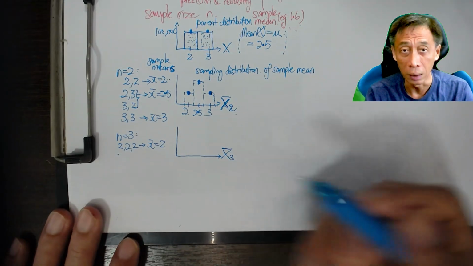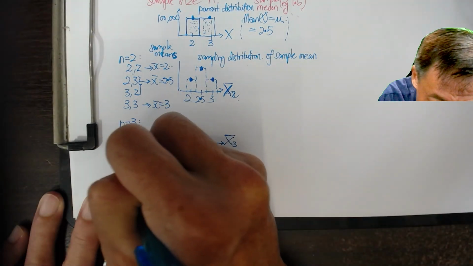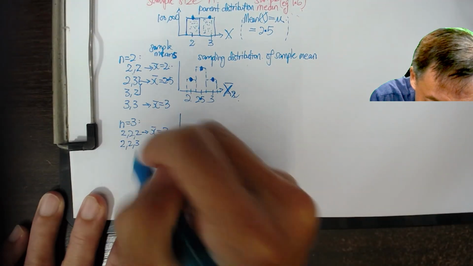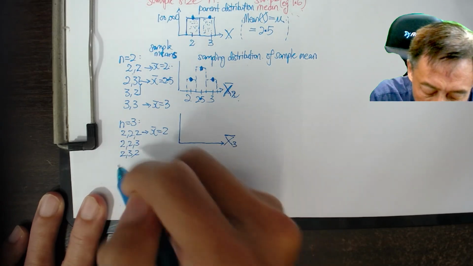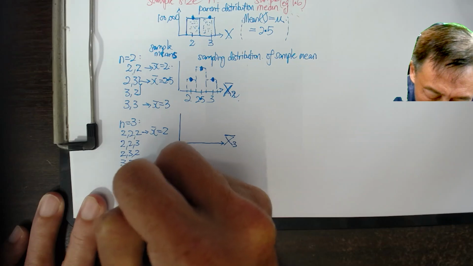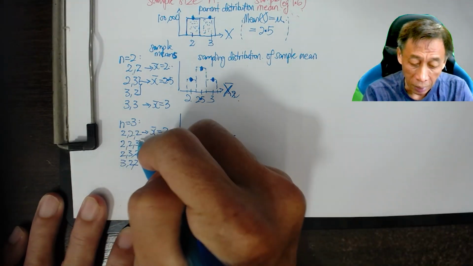Order doesn't matter, right? So if I get 2, 2, 2. But if I get 2, 2, 3, then it does induce various other permutations that are basically treated as one, right?